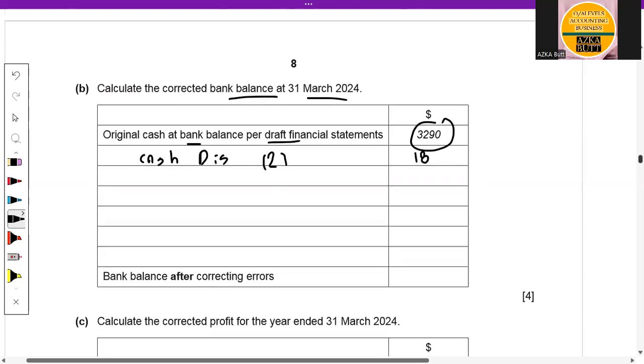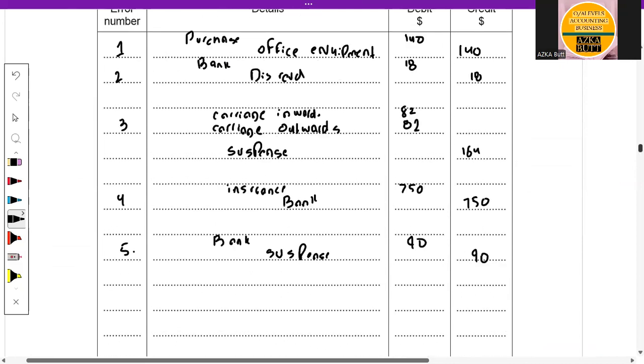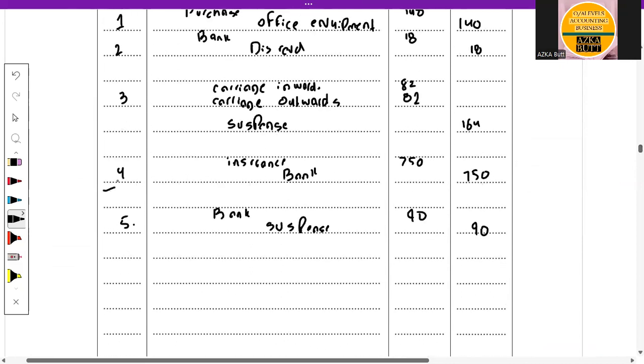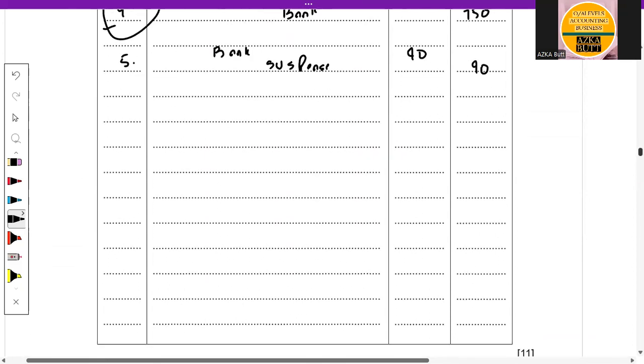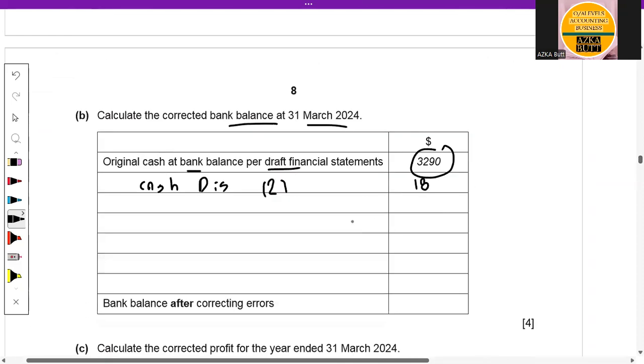After that, let's see error 4. In error 4, we credited the bank account with 750, so because this is credited, we have to deduct it from the draft financial statement.